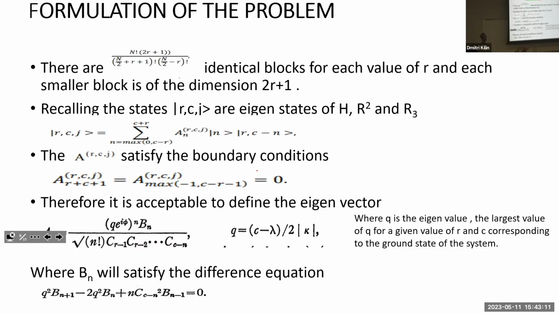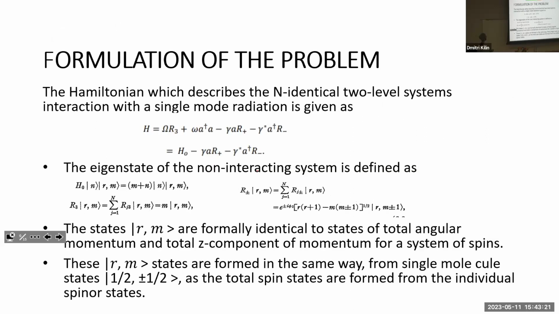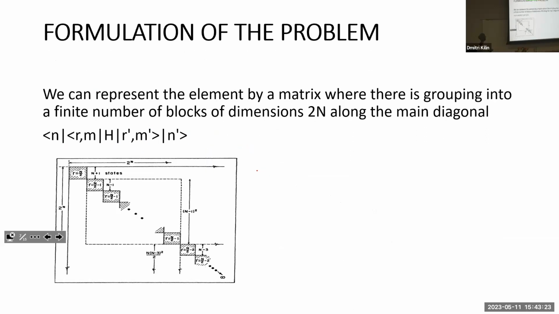What is your identical block equation? This? Yes, this represents this. Why does your system turn into this kind of block-like Hamiltonian? What's the physical reason for this?